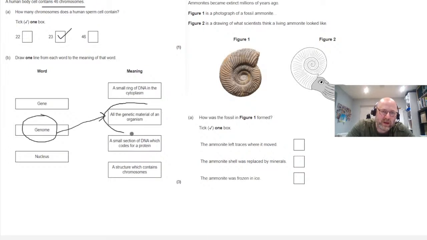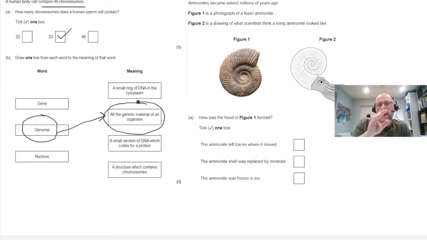Okay. So if you're doing AQA, you need to know why us understanding the genome is important. It's really important for education and learning about evolutionary relationships, finding out how similar we are to other organisms. It's also very important for medicine.